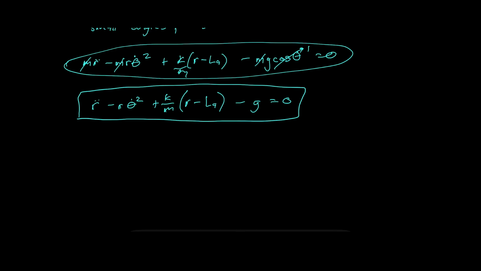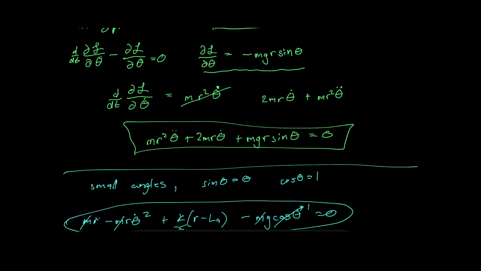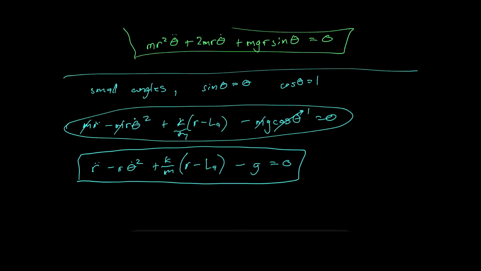And then we'll do the same thing for our other one. It's m r squared theta double dot plus 2 m r theta dot plus m g r sine theta equals 0.